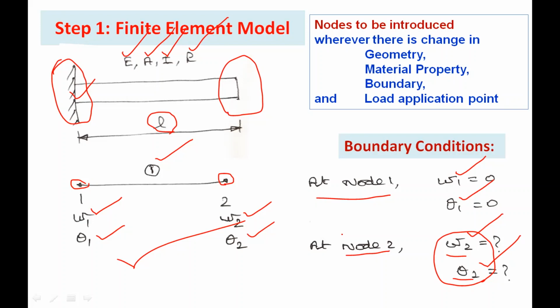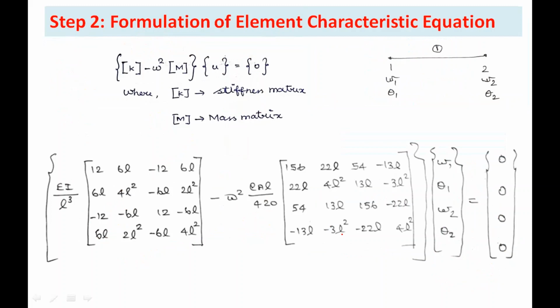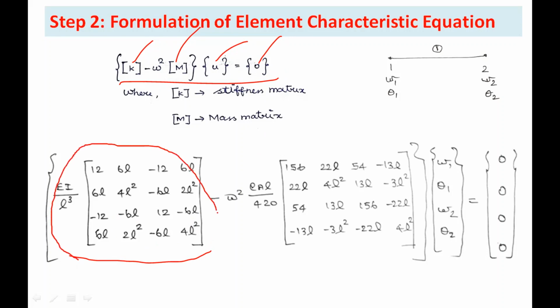After making the finite element model, we have to derive the element characteristic equation. For a vibration problem, this is the standard format: stiffness matrix minus omega square mass matrix, then the nodal displacement, right hand side 0 matrix. So this is the stiffness matrix, a 4 by 4 matrix. You have to remember it to solve any beam problem.